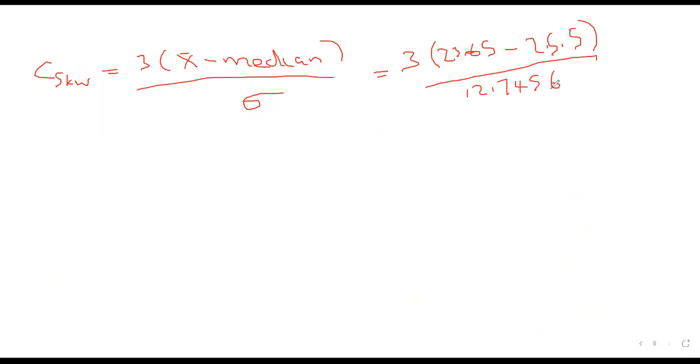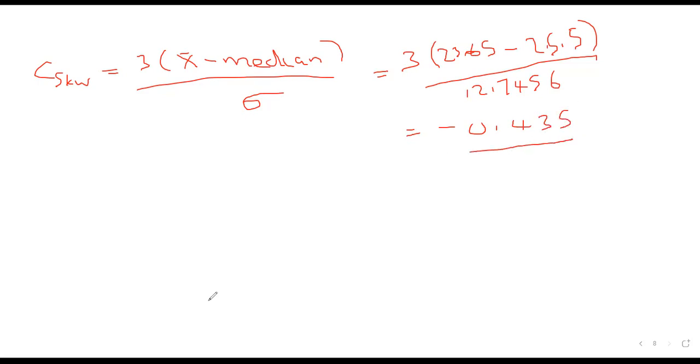All right. So 23.65 minus 25.5 times 3 divided by 4.7456, which will give you negative 0.435.